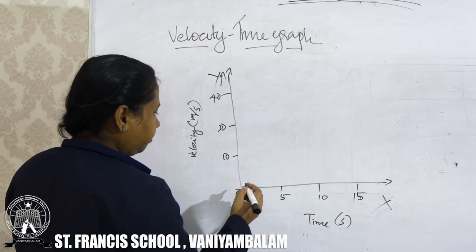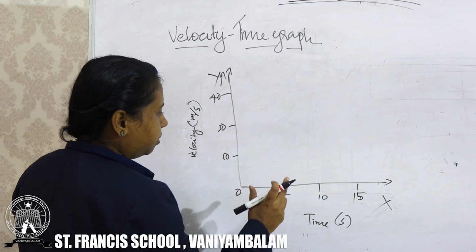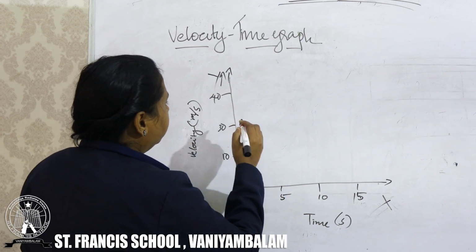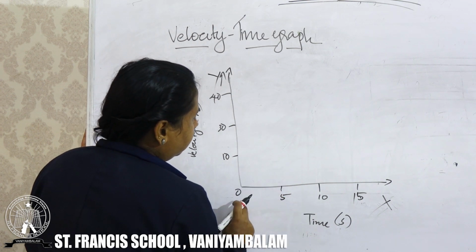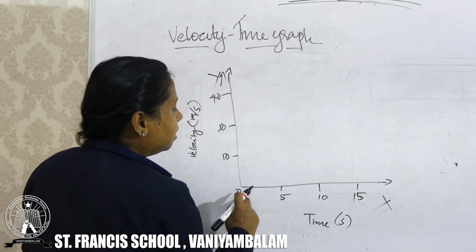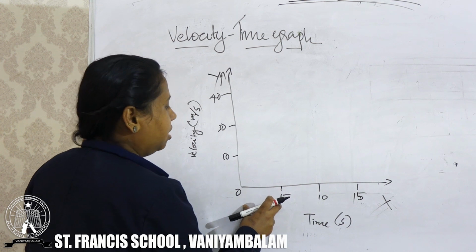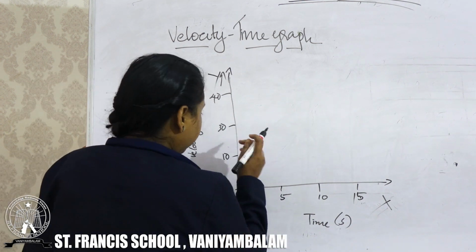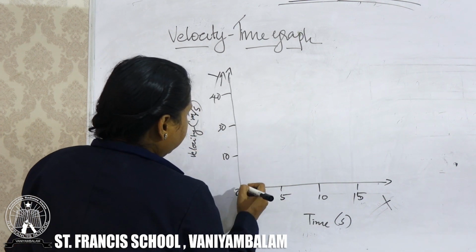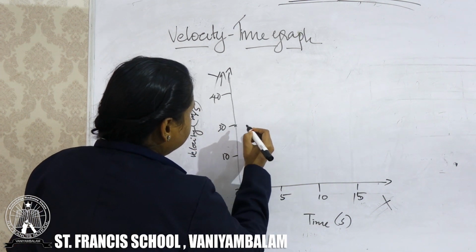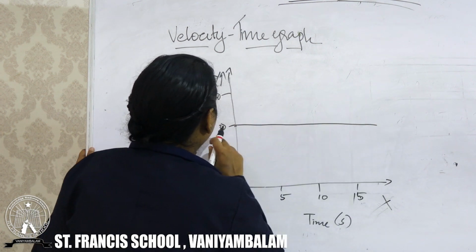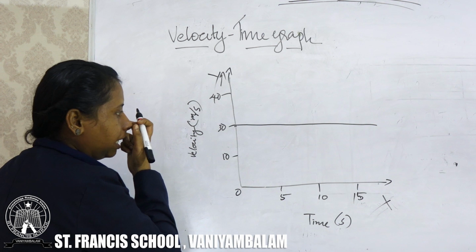See, suppose we are using an interval, and suppose the velocity is not changing, then suppose it always gives 30 meter per second velocity.